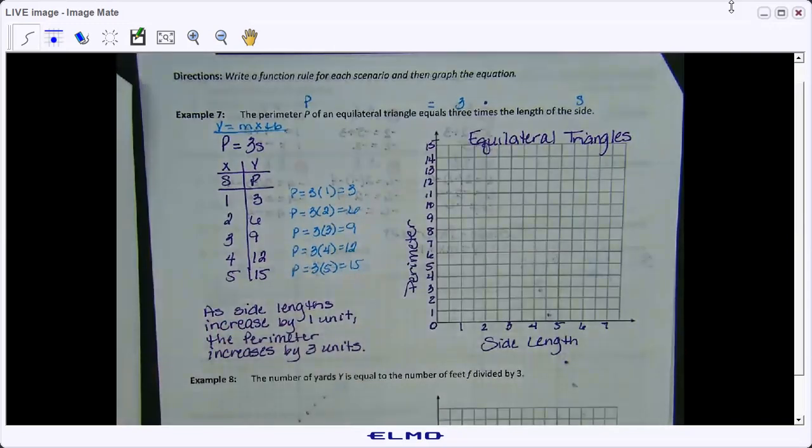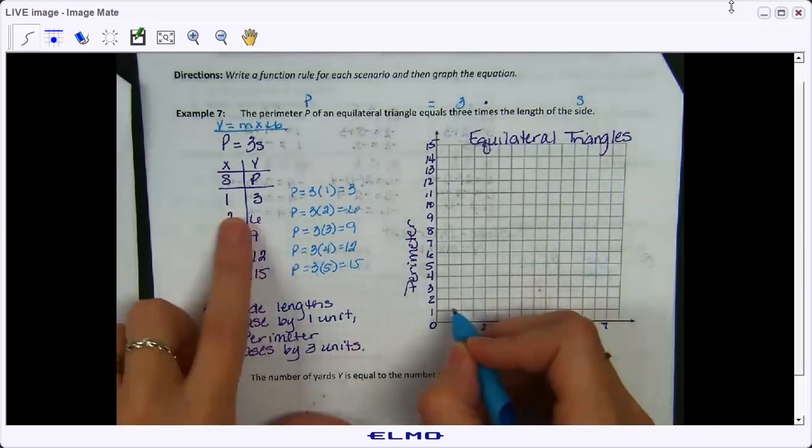And now there's two ways you can graph. You can graph your equation or you can graph your table. All right, so you can graph it either way. I am going to graph my table.